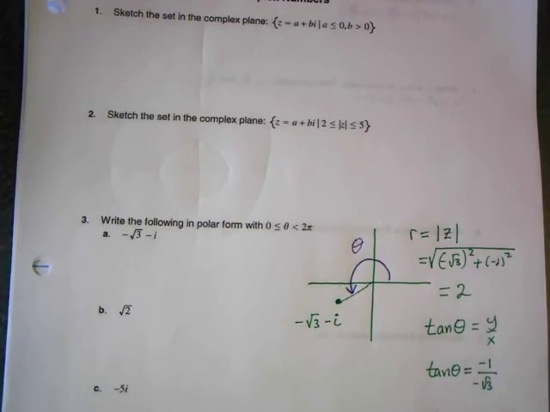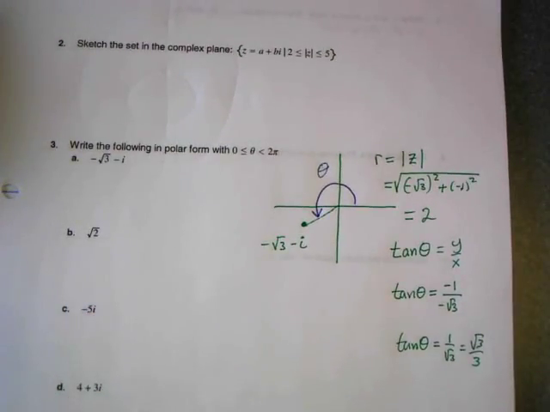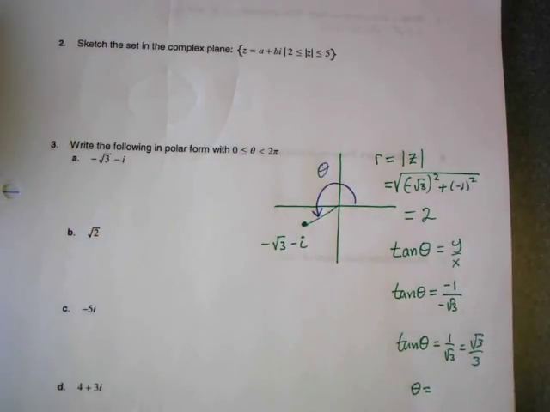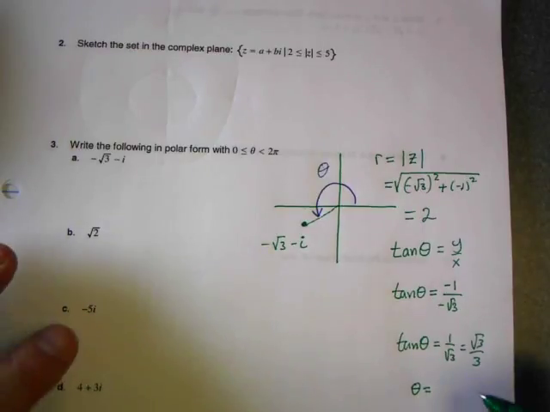So I look at my chart. That's one of the famous numbers I've memorized on my chart. What does that tell me theta is? Pi over 6? Pi over 3? One of those two. I agree. It's pi over 6.